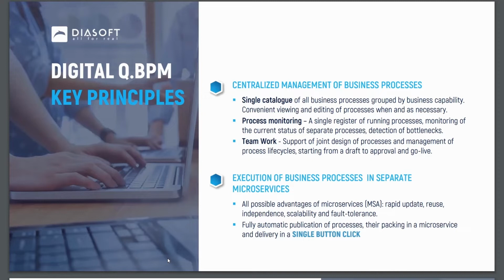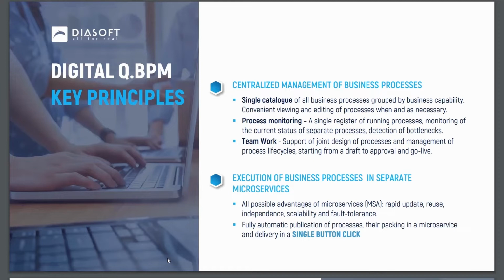They include the fast time to market, the ability to quickly update, the ability to reuse separate components, independent scalability, and high fault tolerance. To support execution of business processes and their parts in separate microservices, we need to provide a centralized point for access, management, and monitoring of all these business processes. This is important for the microservice architecture, and our Digital Q platform provides such a point.